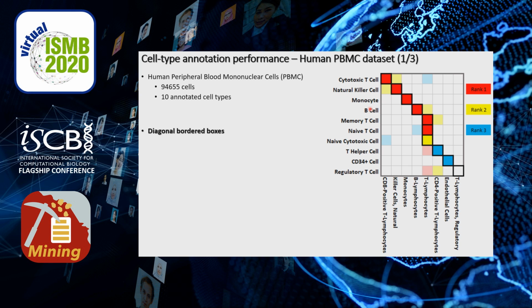For example, for B cell, we get first and second retrieval results as B lymphocytes and T lymphocytes. Because B lymphocyte is the correct one, we highlight it in a border box. Because T lymphocytes is not the correct one, its yellow color turns lighter. And as we can see along the diagonal border boxes, almost all are filled with color, indicating that almost all the queries get a correct answer within the top 3 retrieval results.